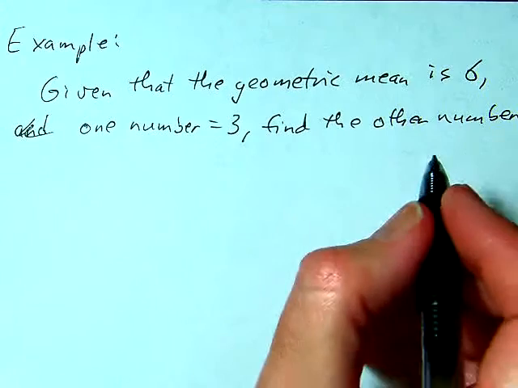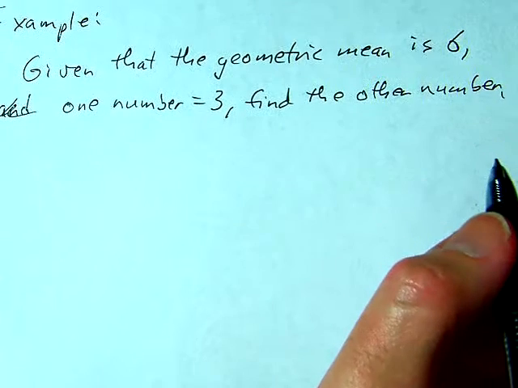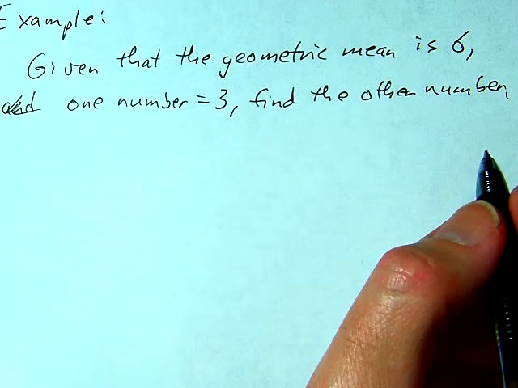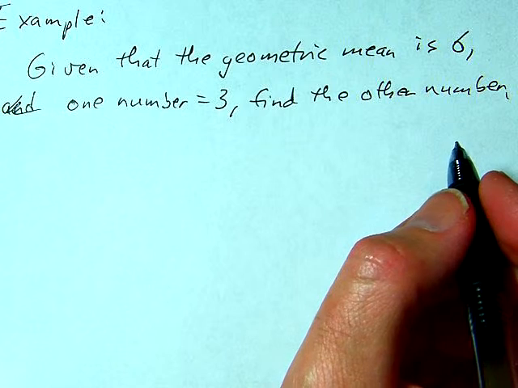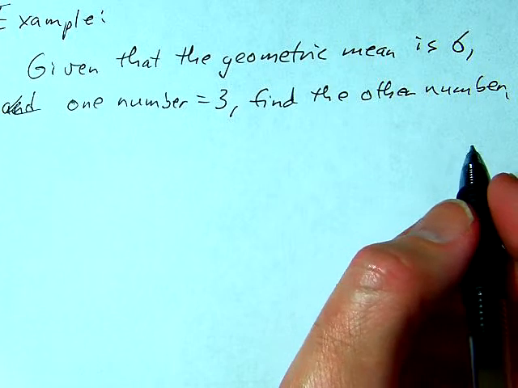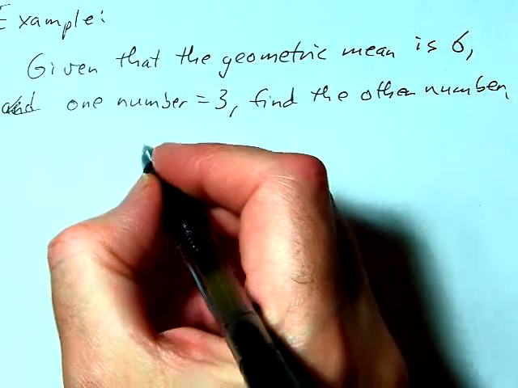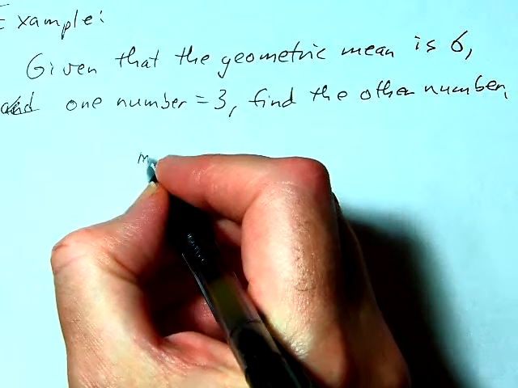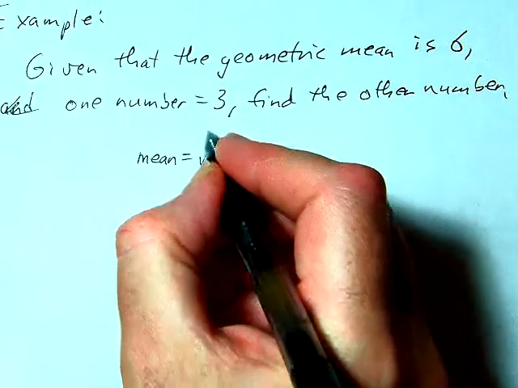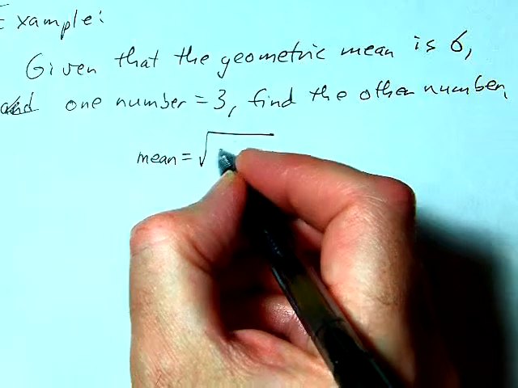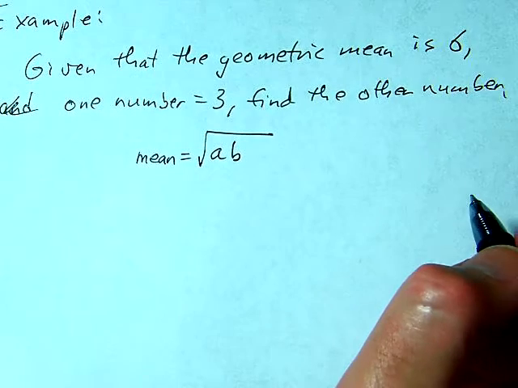Okay, so in this case, you could be given the geometric mean, and you could be given one of the numbers, and now it's up to you to find the other number. So that's just a matter of remembering that the formula is that the mean equals the square root of a times b, where a and b are both the numbers.